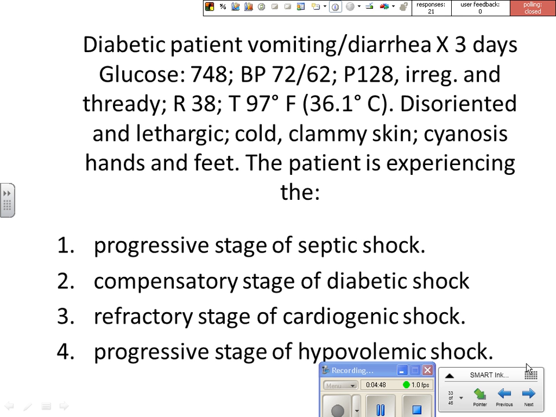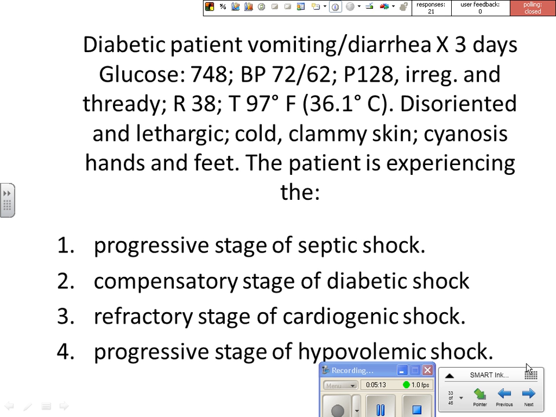All those things that we talked about were kind of different about cardiogenic. So there's nothing in that picture that talks about cardiogenic shock or cardiac issues, other than the cardiac issues that just come with all kinds of shock. What about hypovolemic? Is there anything in that picture that would lead you to think that maybe the patient is dehydrated? The vomiting and diarrhea for 3 days.